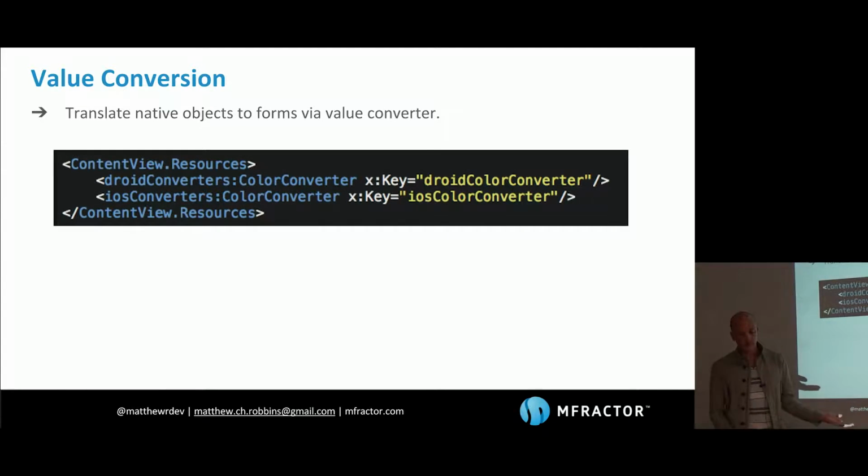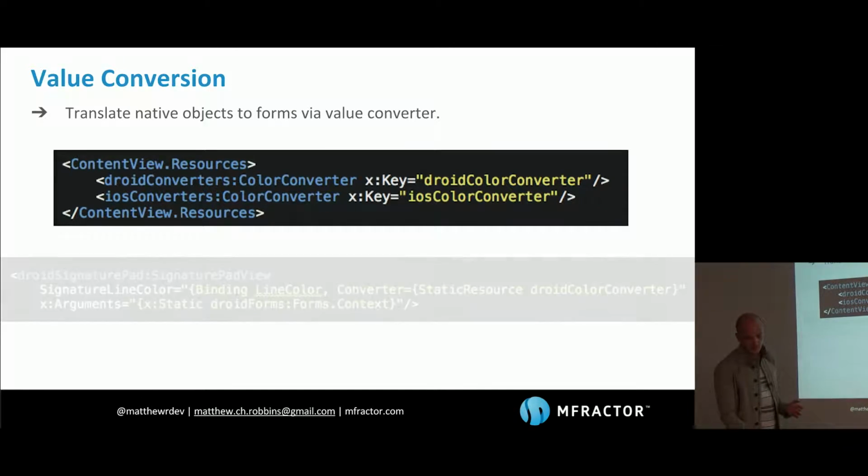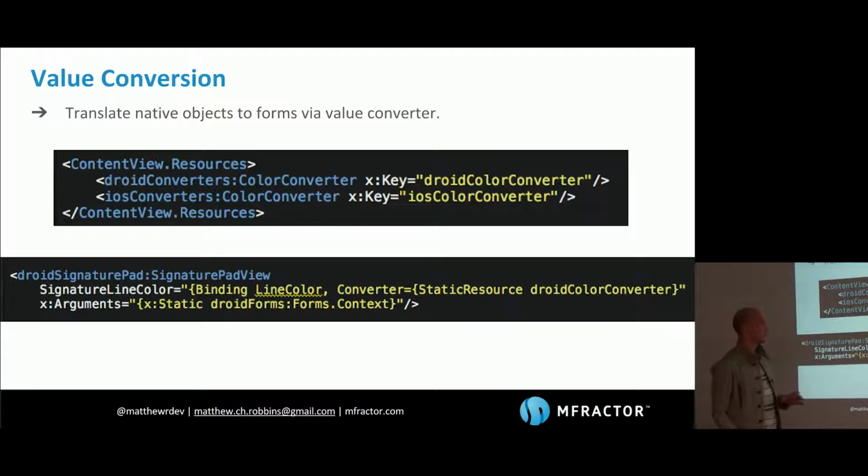We would create a new color converter for both platforms, put them into the resource dictionary for that page, and then we can just drop them straight in as a static resource converter.